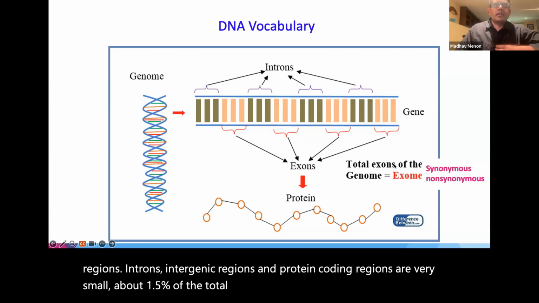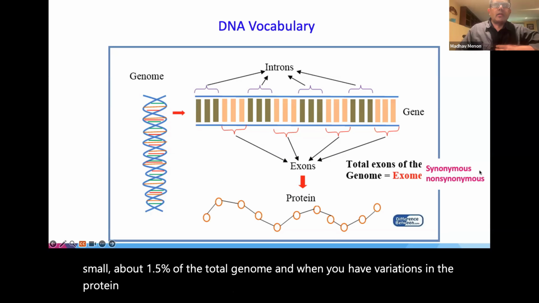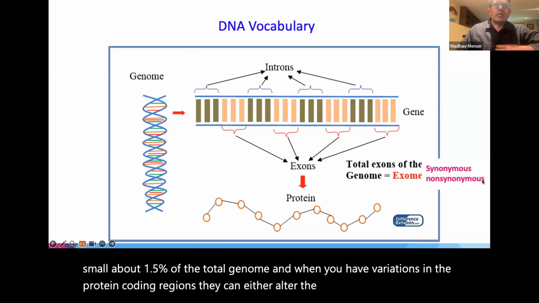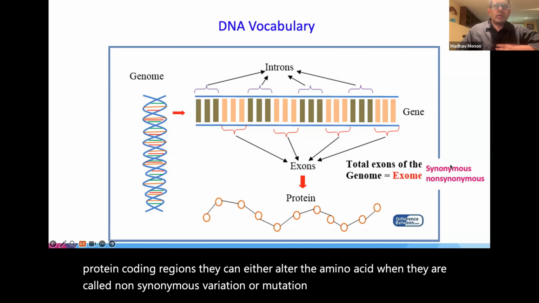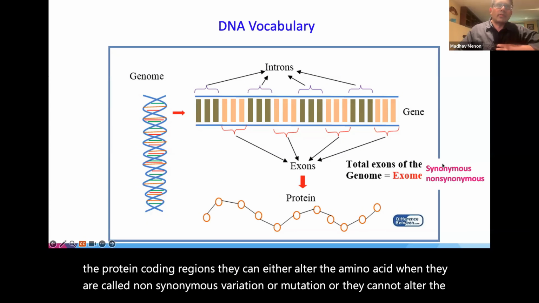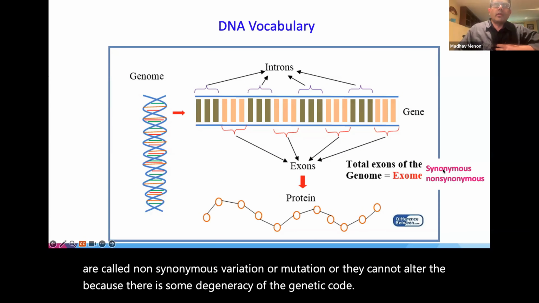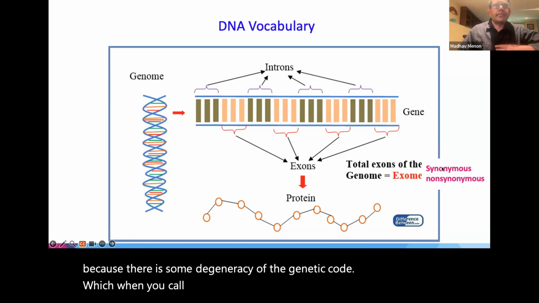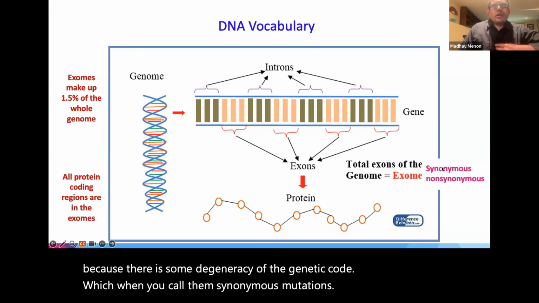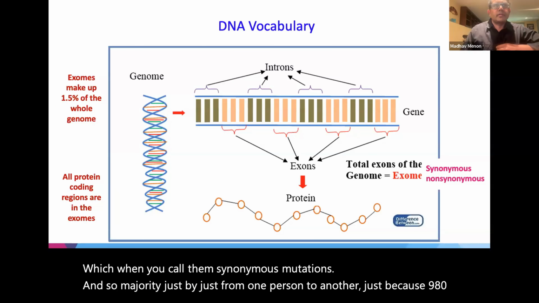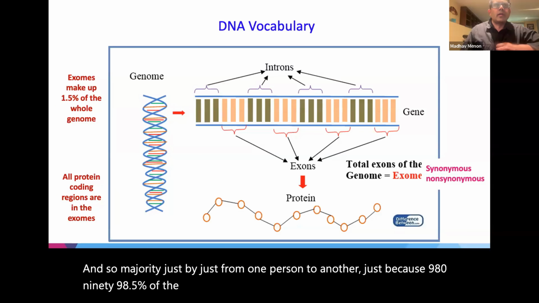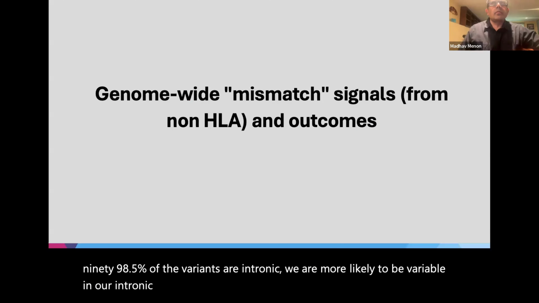When you have variations in the protein coding regions, they can either alter the amino acid, called non-synonymous variation or mutation, or they cannot alter it because there's some degeneracy of the genetic code, which we call synonymous mutations. And from one person to another, because 98.5% of the variants are intronic, we are more likely to be variable in our intronic regions.